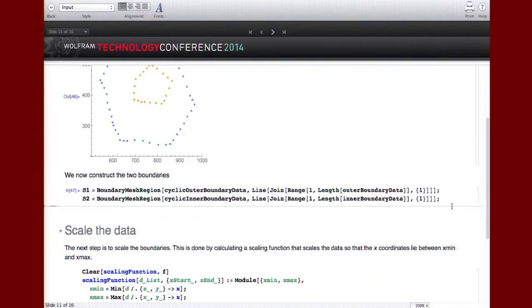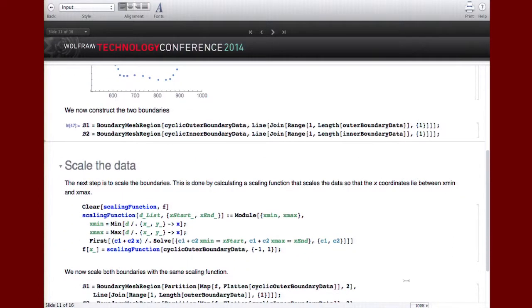Okay. The other thing one has to do is, of course, to scale the data, because this has been essentially just grabbed off a picture. So I scale these so that I can put them together. The scaling is done so that the x coordinates lie between x min and x max.